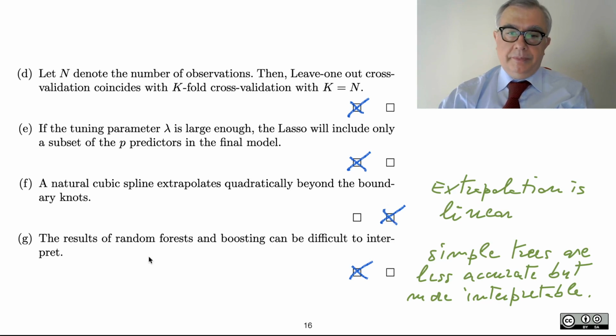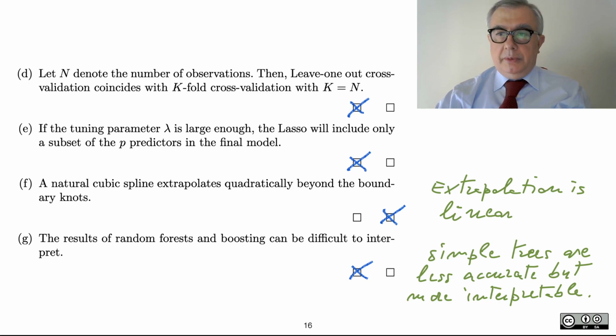So false. The result of random forests and boosting can be difficult to interpret. This is true. And this was an observation that was made, that simple trees are less accurate than more sophisticated methods like random forests and boosting.